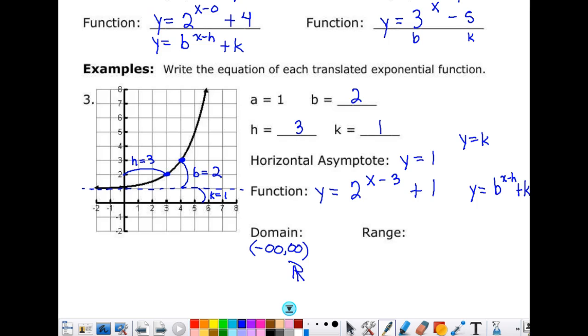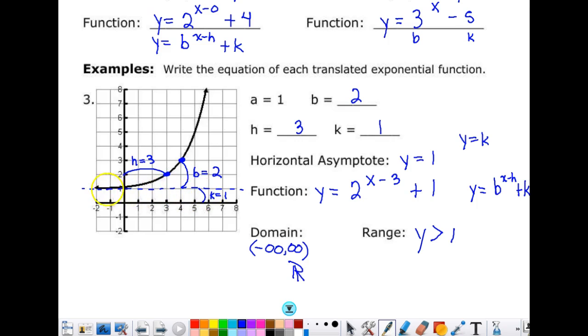Now your range might be a little different. We use y for your range. This black graph right here is bigger than what number? 1. It's bigger than 1. Is it going to touch 1? No. Remember the whole asymptote situation? That asymptote won't let that graph touch it.